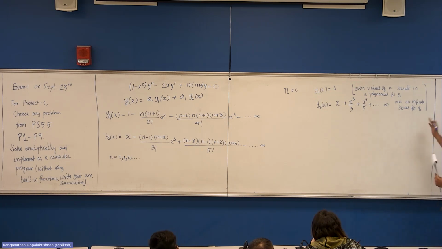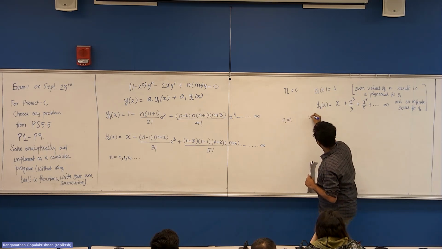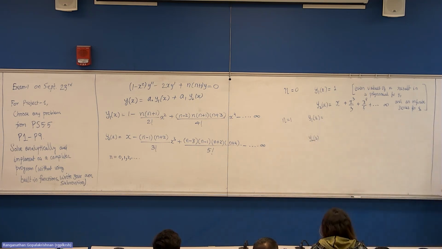You can easily see the contrary also. If you try for n equals 1, can you please write out what is y1 and what is y2? You just need to put n equals 1 in those expressions.